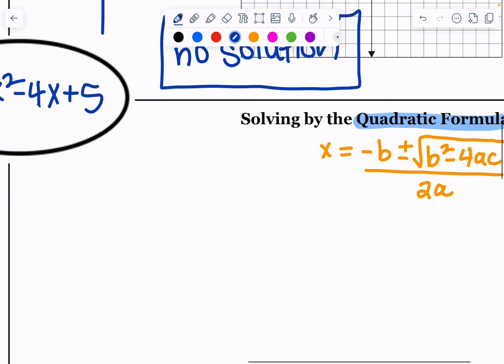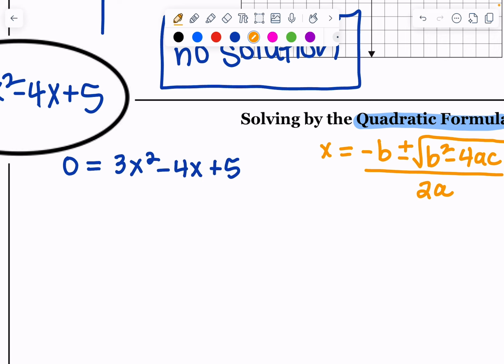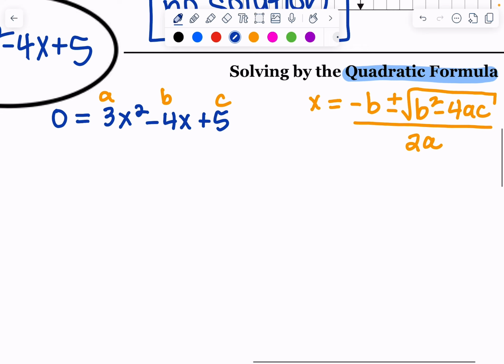We're going to bring down our formula. 0 equals 3x squared minus 4x plus 5, and we're going to label our a, which is with x squared, our b, which is with x, and our c, which is our constant. I always like to start with this underneath part called the discriminant. So I'm going to start with b squared minus 4ac.